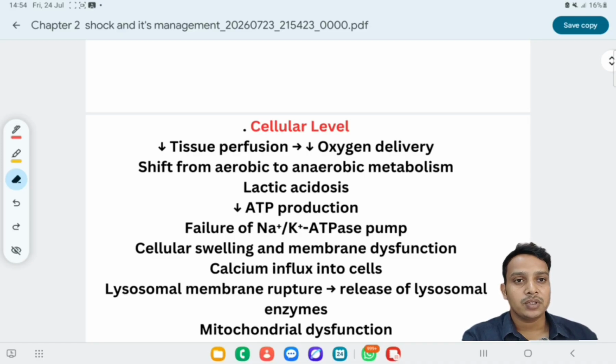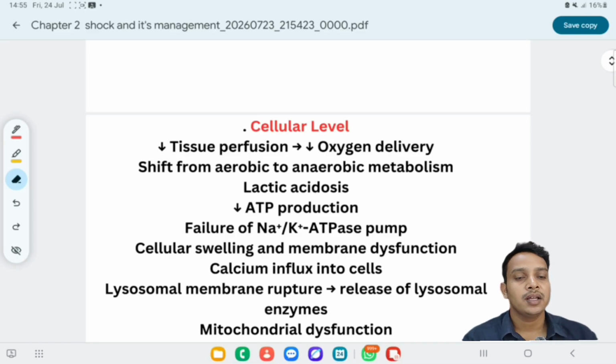So whenever there is an anaerobic metabolism, there is a formation of lactic acidosis. There are various transporters present at the cell membrane such as sodium potassium ATPase pumps. So there is dysfunction in this pump, leading to dysfunction in the transport, and there is an accumulation of fluid inside the cell, and also there is a disruption of the cell membrane. So there is an influx of calcium from outside to inside the cells, and this leads to releasing of lysosomal enzymes inside the cells.